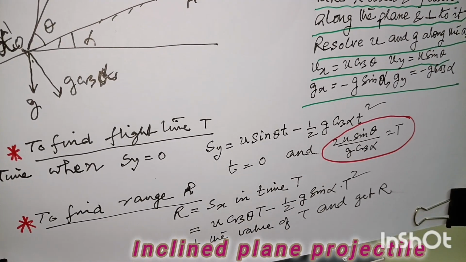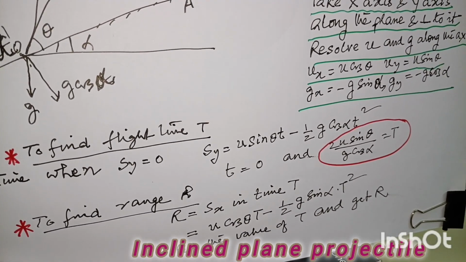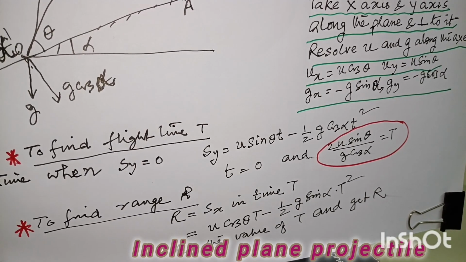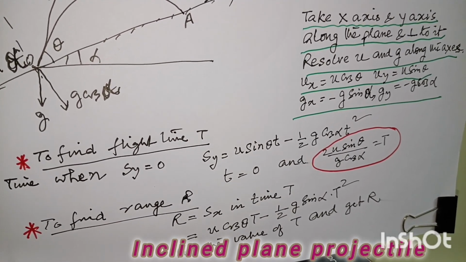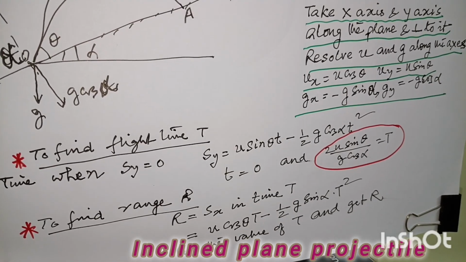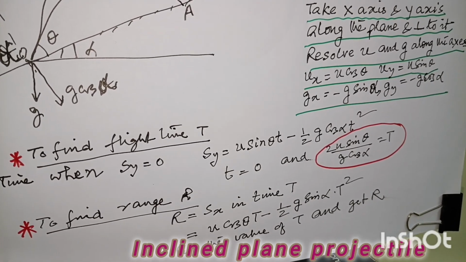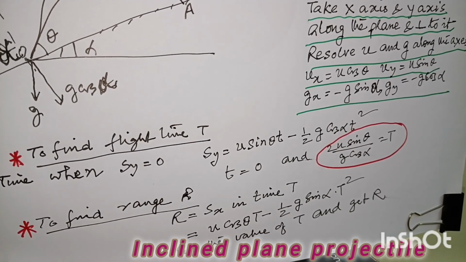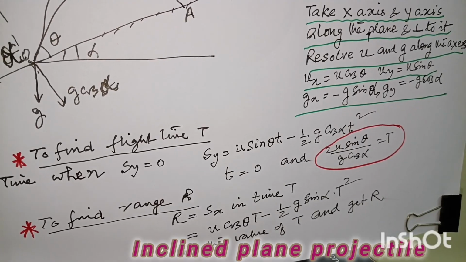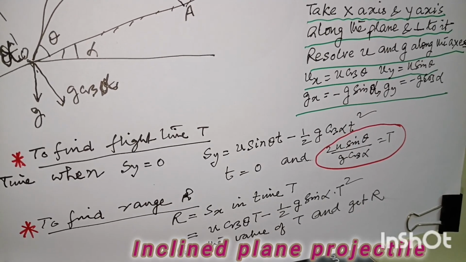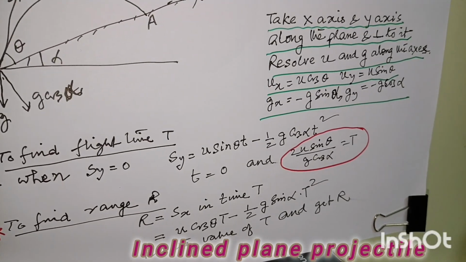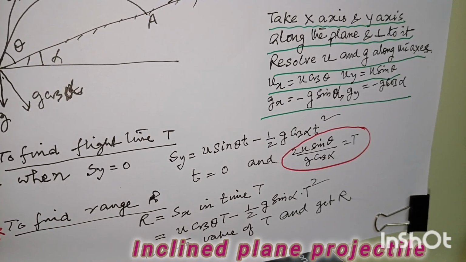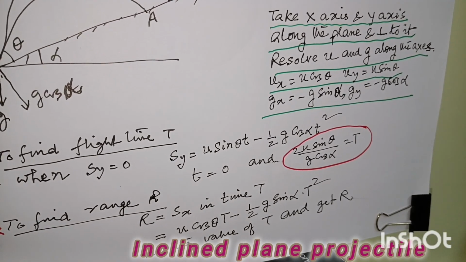Again, if we have to find the range, then what is range? Range is the displacement in x direction, that is OA, in time capital T. So first we will write the formula for displacement in x direction, which is u cos theta into t minus half g sin alpha into t square, means ut minus half gt square formula.